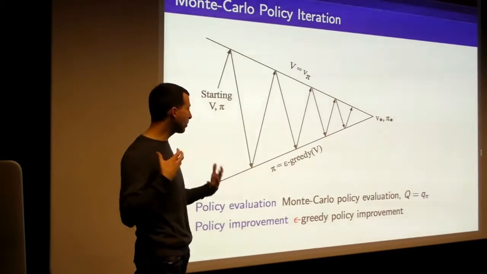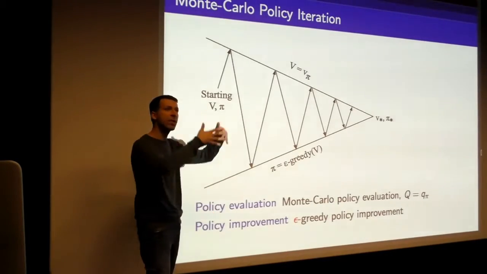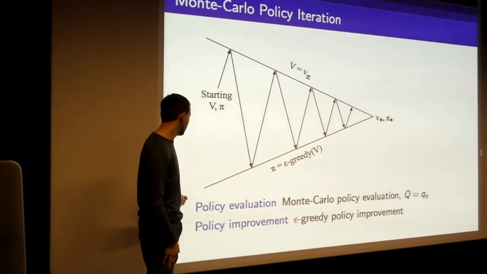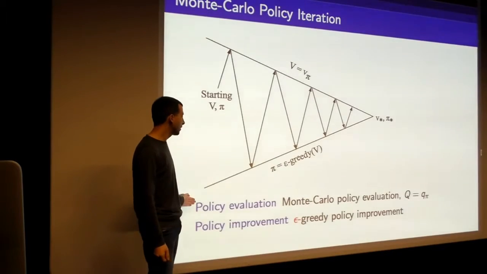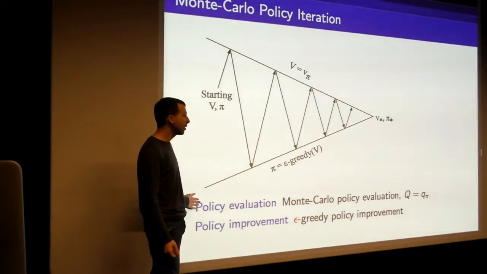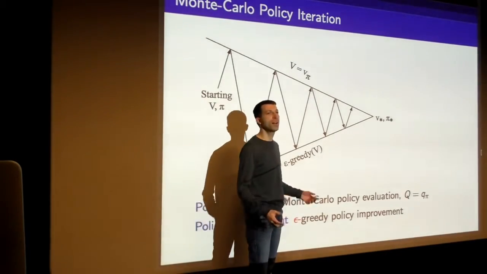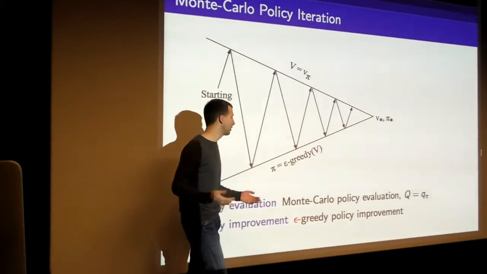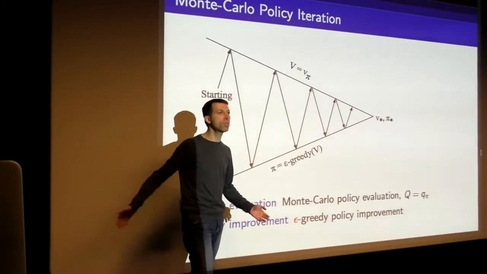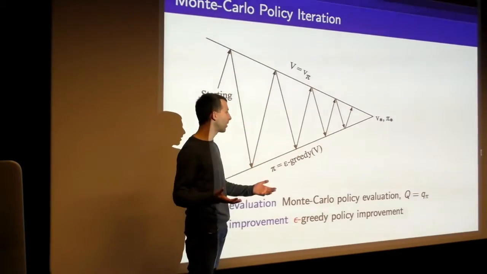So we've got two ideas now. We started with this generalized policy iteration framework, and we've changed each of these steps. We have these two processes. For the policy evaluation, we're now plugging in Monte Carlo as our way to evaluate our policies using Q, using the action values. So we run some episodes using our current policy.